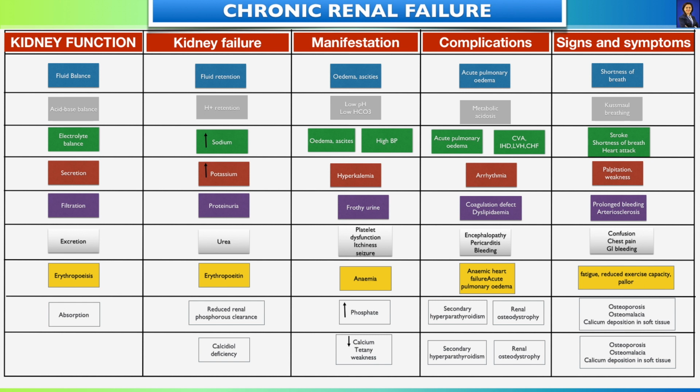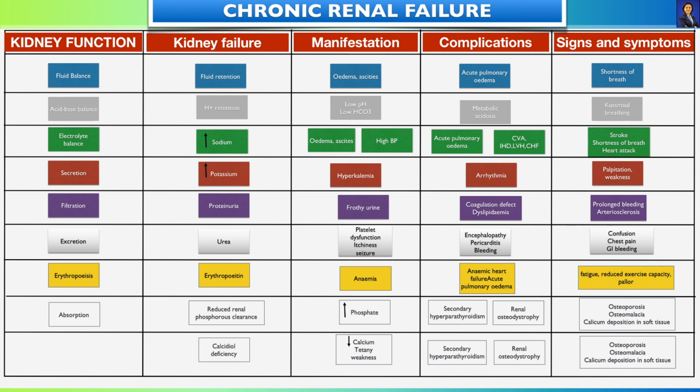When kidney function is deranged, the first function affected is fluid and electrolyte balance. In a kidney failure patient, fluid retention will happen because of derangement of the fluid balance, and it will manifest as edema, ascites, and be complicated by acute pulmonary edema.